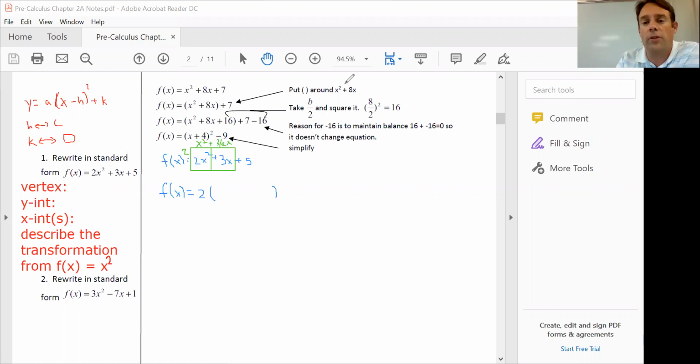In other words, when I take that 2 out, I'm going to have x squared plus 3 over 2x. And we're looking to figure out what is this new number that's going to turn this into a perfect square. And by the way, if I'm going to try to keep this equation balanced, since I'm adding something to it, I'm going to have to eventually subtract something from it as well. So we're creating a perfect square.